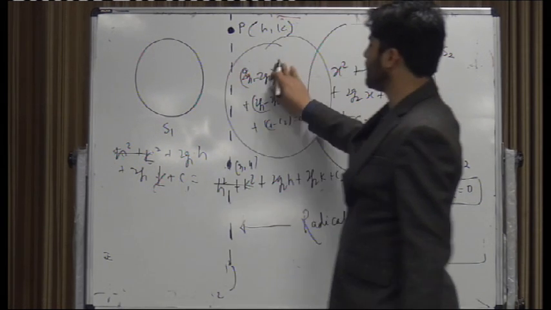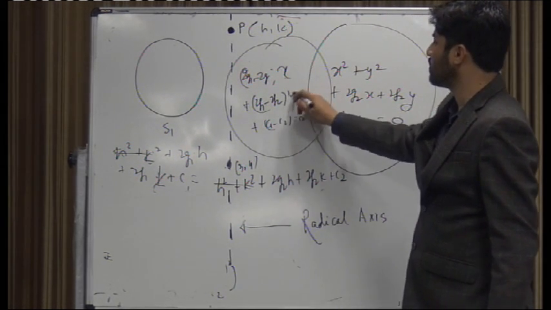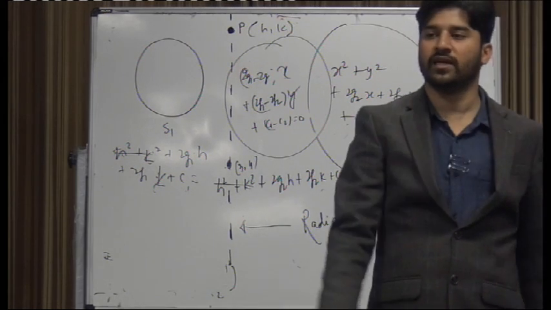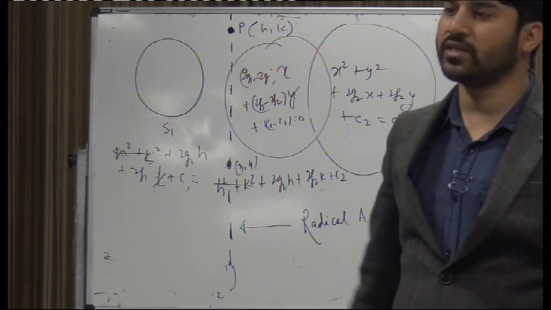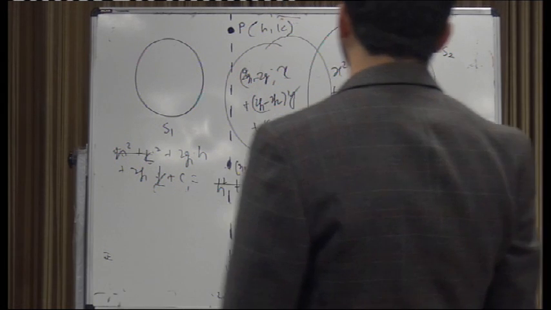Now h can be replaced by x, and this becomes your radical axis, which is nothing but S1 minus S2 is equal to 0, right?